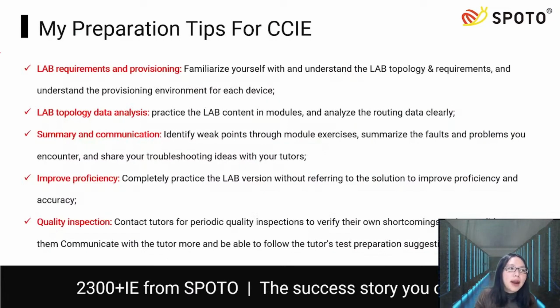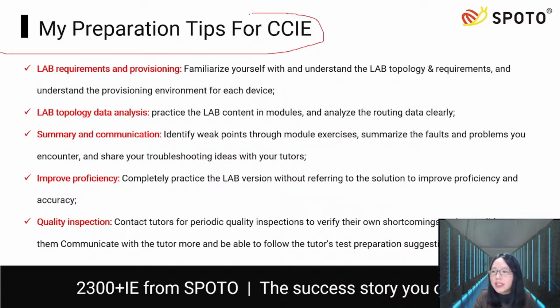So here are my preparation tips for CCIE. First, you must know the lab requirements and provisioning. You must familiarize yourself with the lab requirements and provisioning, and you must analyze the lab topology and data.